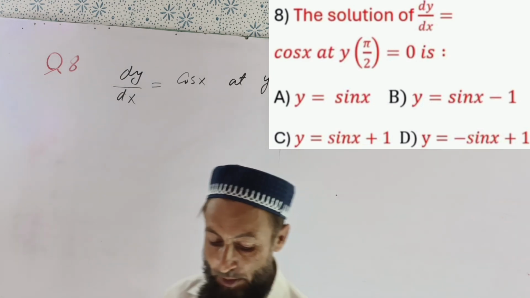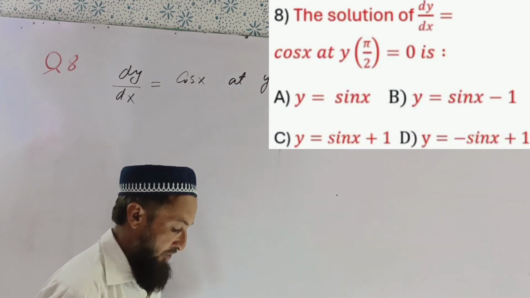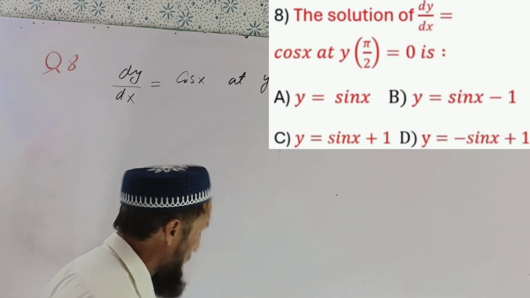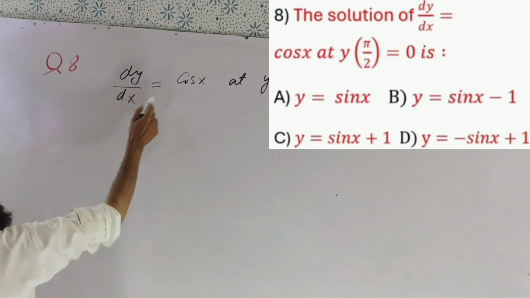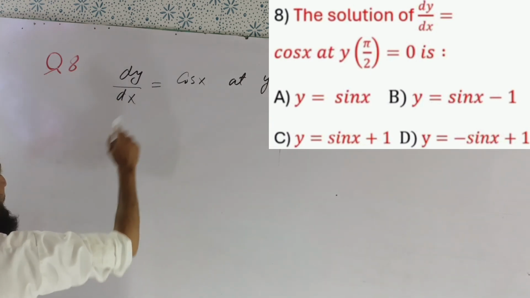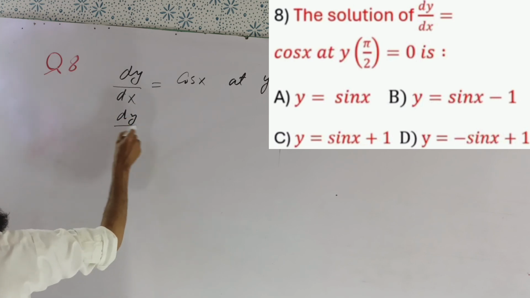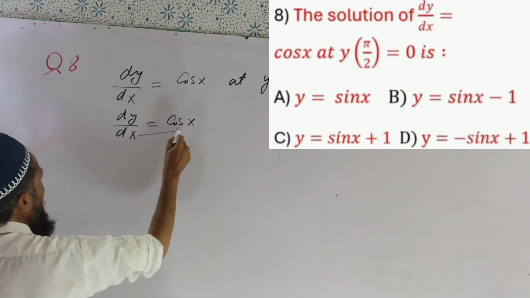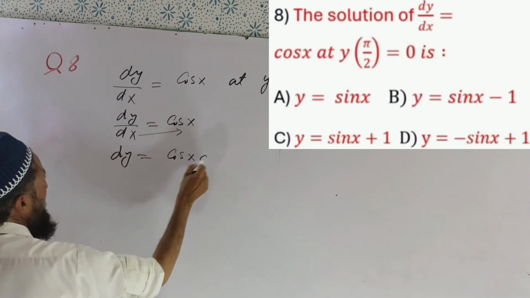There are four options: a, y is equal to sin x; b, y is equal to sin x minus 1; c, y is equal to sin x plus 1; and d, y is equal to minus sin x plus 1. First of all, according to the rule, we separate the variables. dy by dx is equal to cos x, so we change it to dy equal to cos x dx.